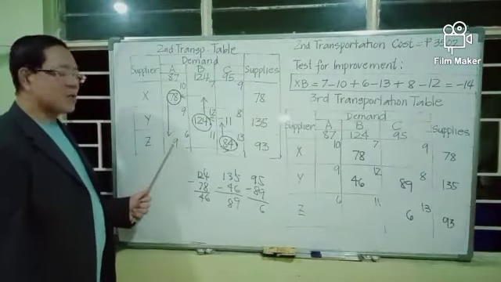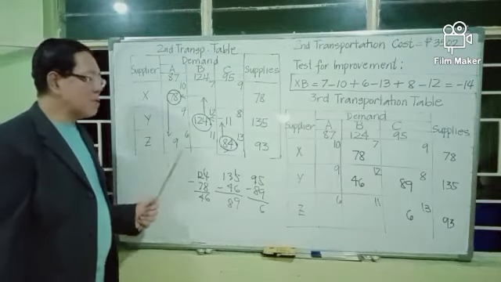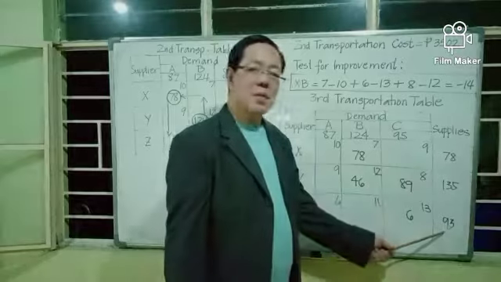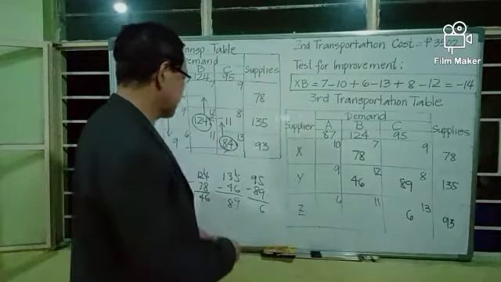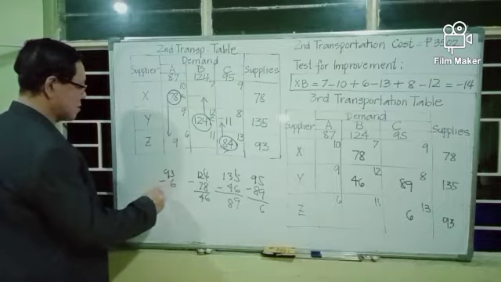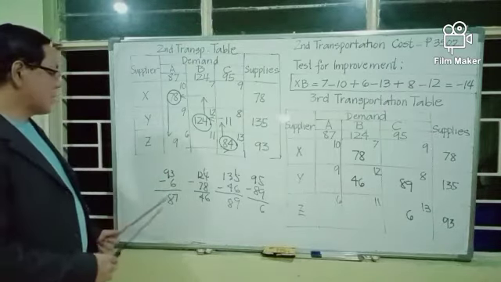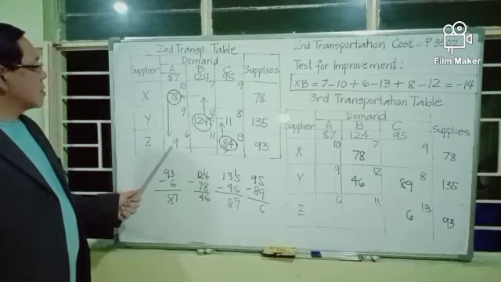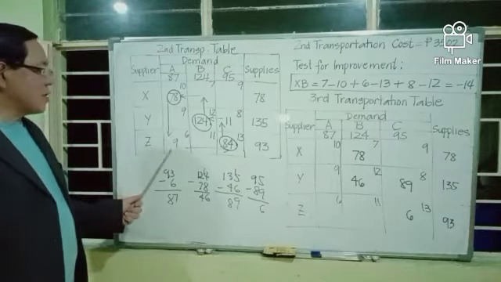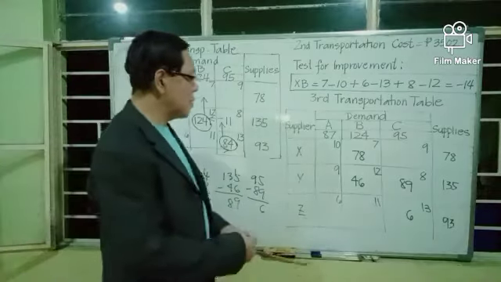And 9 has to also change to what number? 93 minus 6. And 93 minus 6 is 87 units. So in the cell ZA, you now write 87 units.